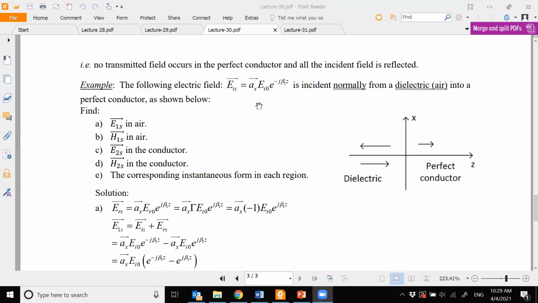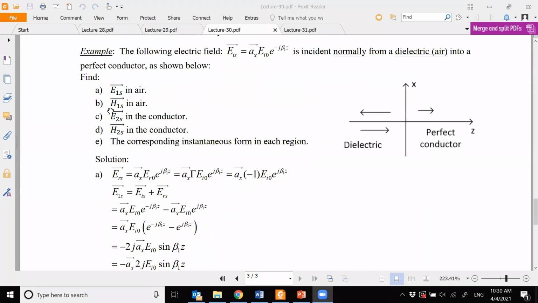My incident electric field is EIS = ax EI0 e^(-j beta 1 z). I'm not using gamma 1 here, I'm using beta 1. That automatically means that my dielectric, the air, I'm assuming as lossless. That's why there is no alpha.